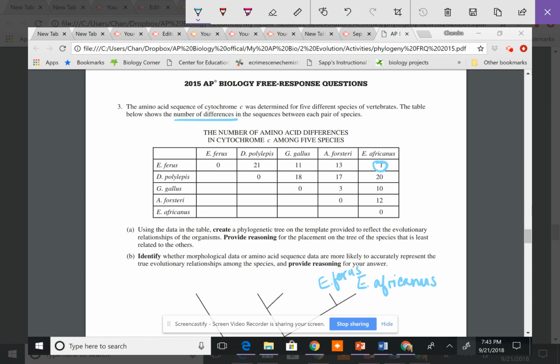Now we look for the next smallest number, and we have a 3 right here. That 3 exists between E. foresteri and G. gallus. That suggests that they too share a fairly recent common ancestor. So go ahead and fill that in where you think it goes. I'm going to give you a minute.